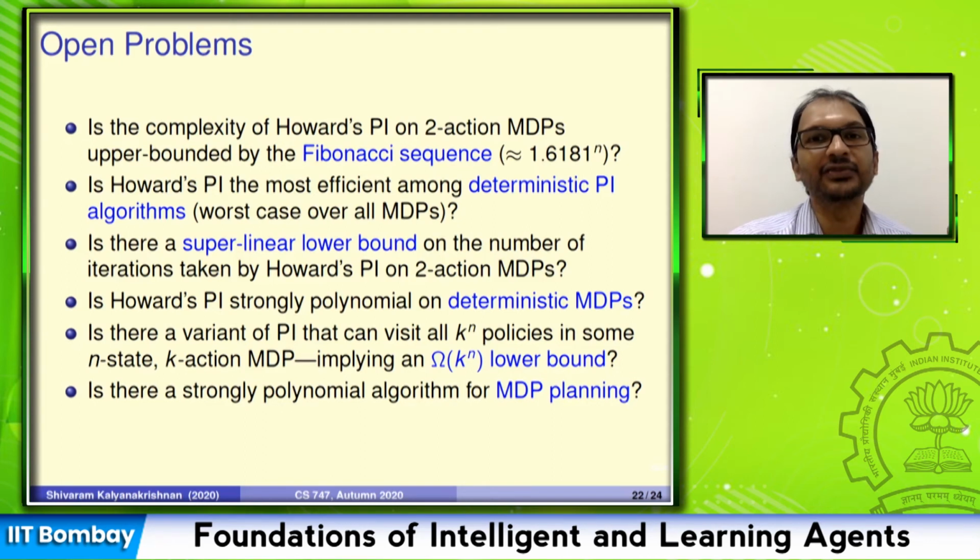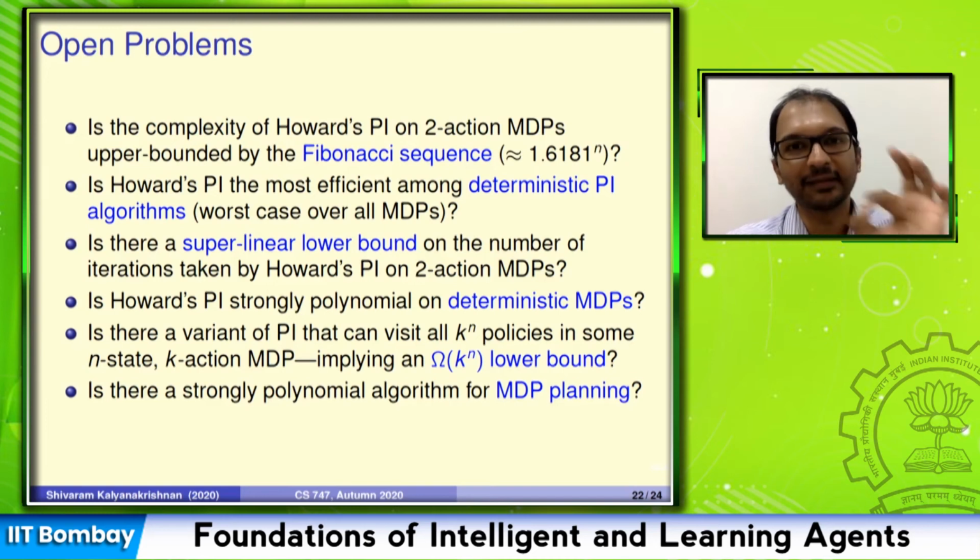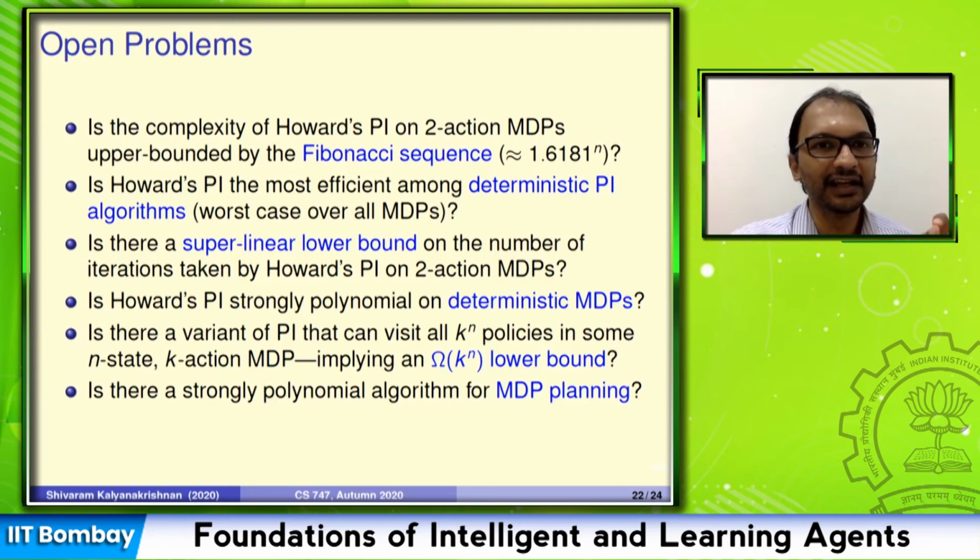There are algorithms, including certain policy iteration algorithms, that have been shown to be strongly polynomial on such MDPs, on deterministic MDPs. In other words, on such MDPs, the number of operations that they'll perform will be polynomial in n and k. We might believe that Howard is also strongly polynomial on such MDPs. There's no proof. Okay, so that is again something that is open.